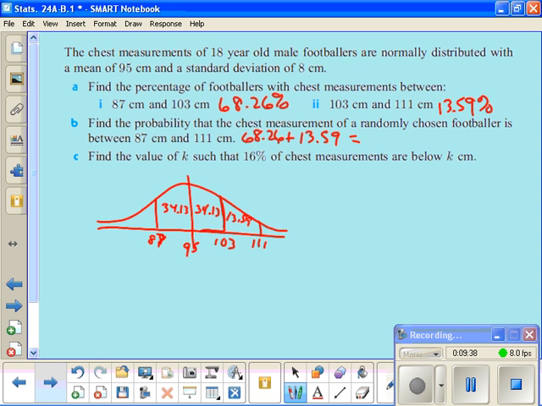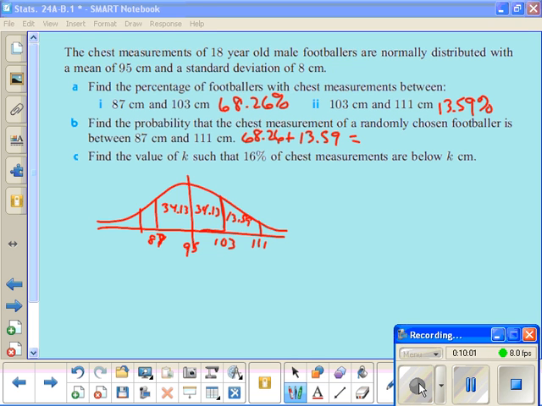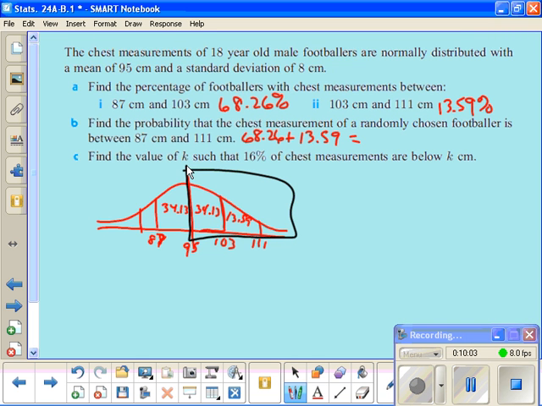Find the value of k such that 16% of the chest measurements are below k. Okay, so we have to find out what values are going to be below k. We have to have only 16%. Here, this is 50% of the data over here. This is another 34%.